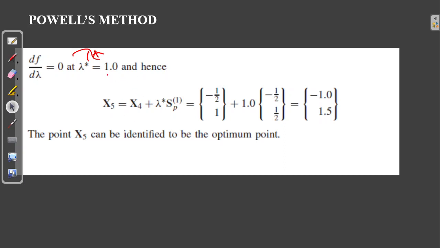If we find lambda star, then easily we can find the next solution, x5, which is given by this formula. And the point x5 in this problem is identified as the optimum point.